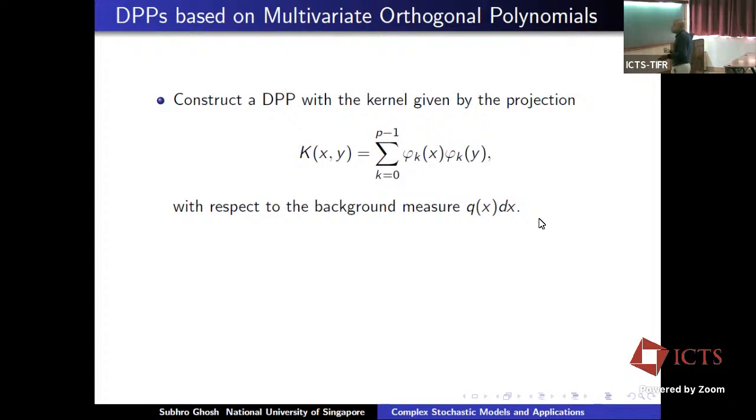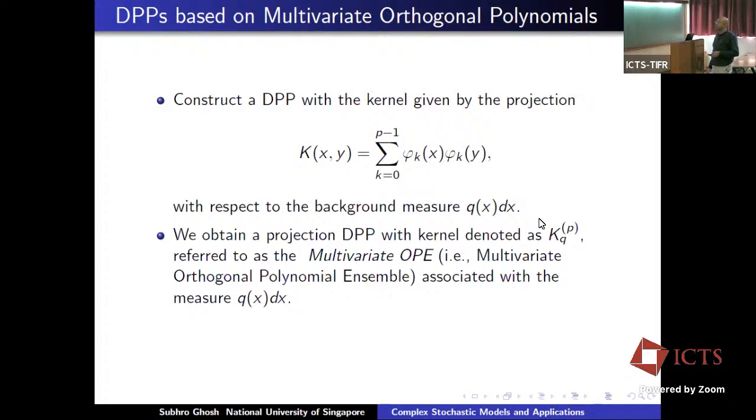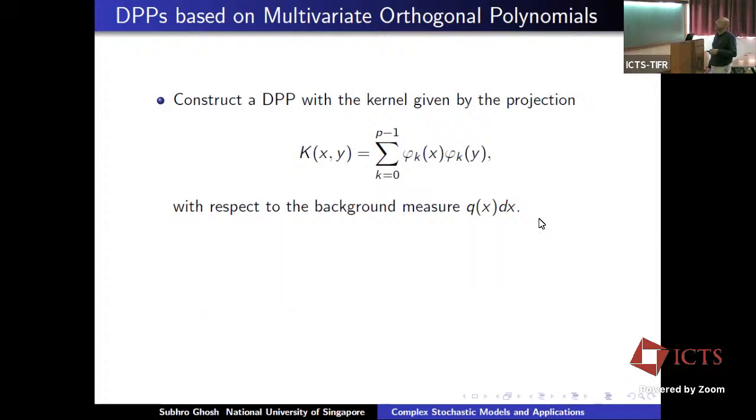So far so good. This is classical, and these objects are known. The point is that we can try to use a DPP kernel like this, except for two problems. The first problem is that this doesn't have anything to do with our given data points.